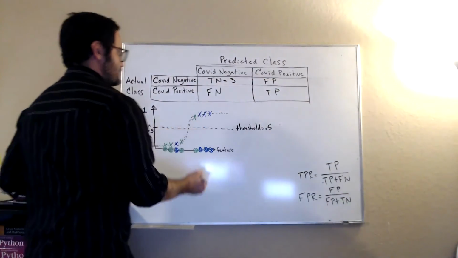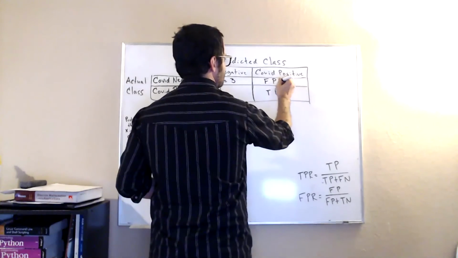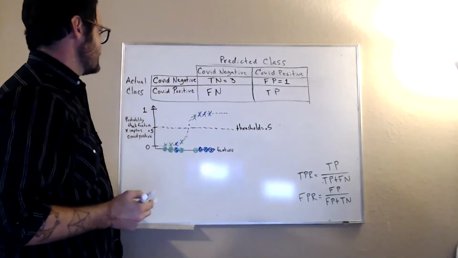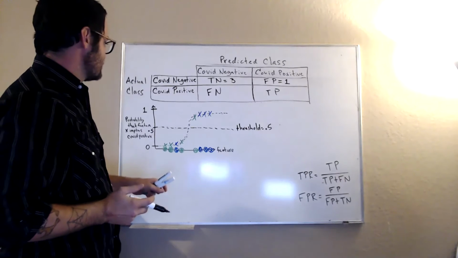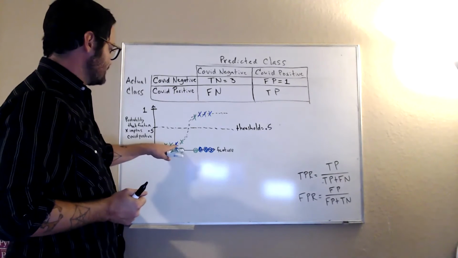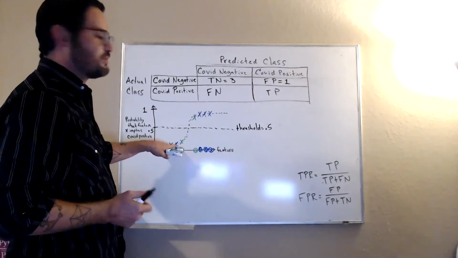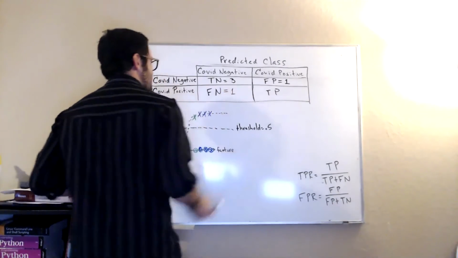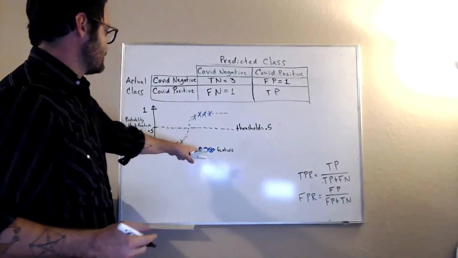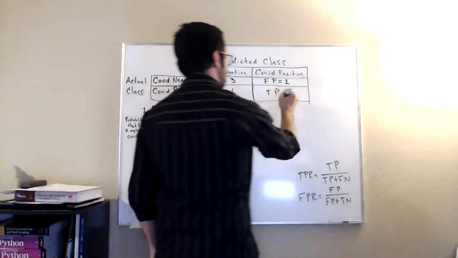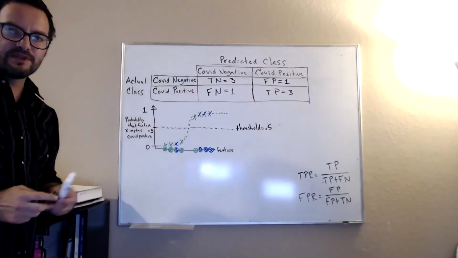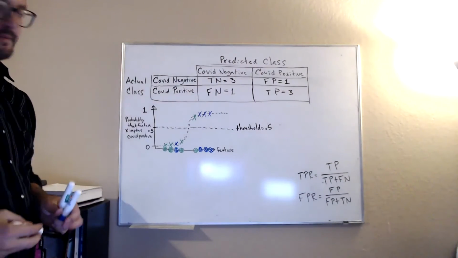We predicted 1, so there's 1 false positive. And how many false negatives? We predict this one to be negative, but it is indeed positive. And for the true positives, we predict 3 that are indeed positive. So there's the confusion matrix for that threshold.